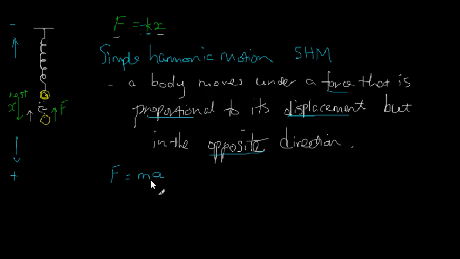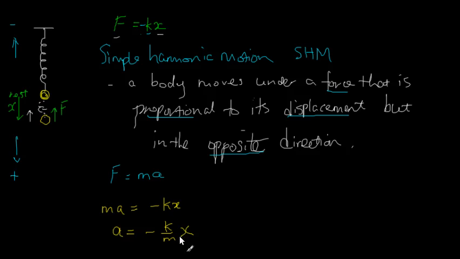If I substitute this in, I get ma is equal to minus kx. Now if I divide both sides by m, I rearrange this into a more standard form that you see in textbooks. Okay, this is what you get. This is fairly standard.